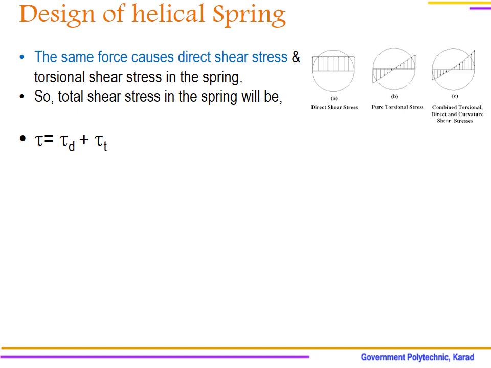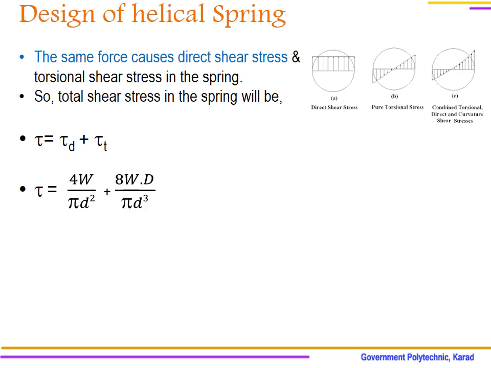On the other hand, this is positive and this is in the negative direction, so the stress value will be 1 plus 1 minus, that means less. So this is the distribution of stress due to combined torsional and direct shear. So we can see in this diagram that tau is equal to tau d plus tau t.